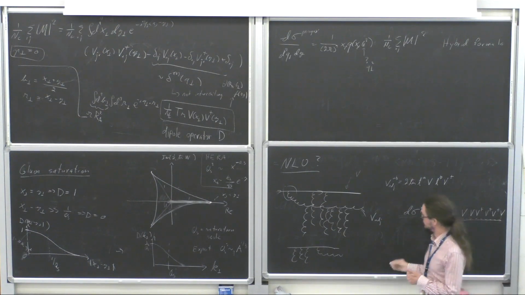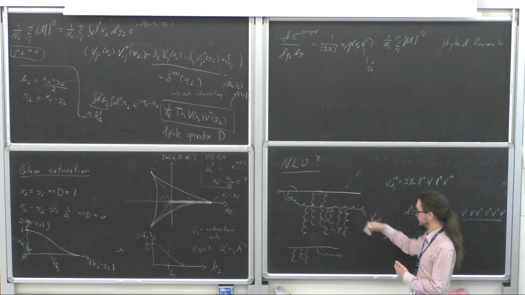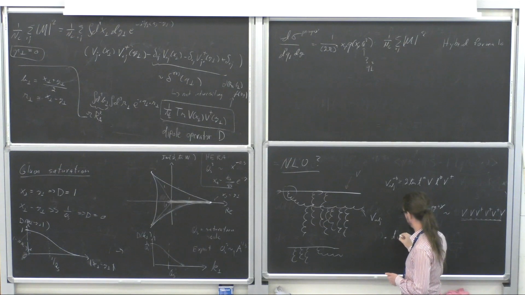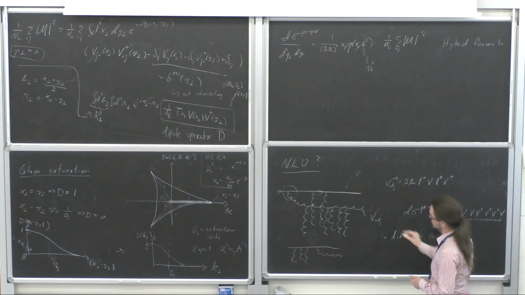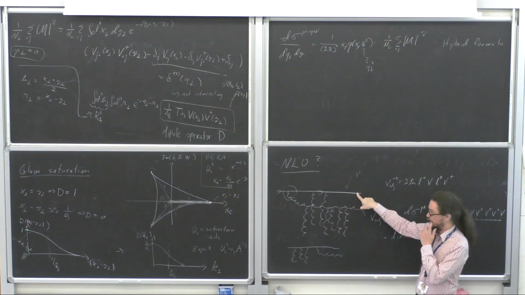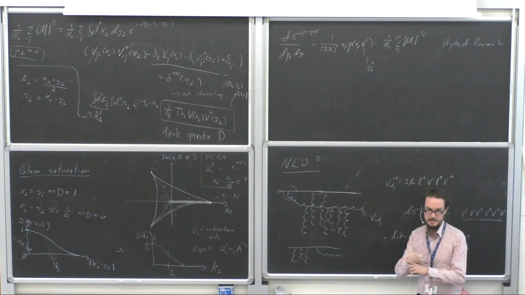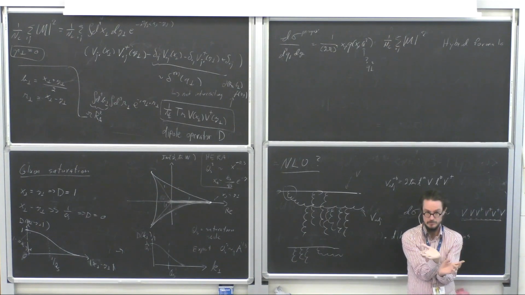First of all, you can address things like dihadron correlations. So you can ask the question, what if I measure both of these, and I look at the azimuthal angular correlation between them, so dihadron azimuthal correlation.